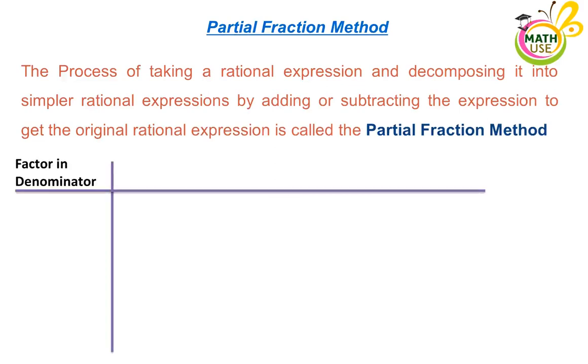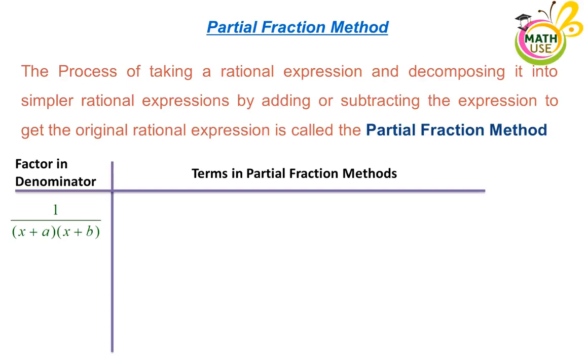Here also there are a few standard expressions. The first one is the factor in the denominator of the fraction, and the terms in the partial fraction method. How the factor in the denominator is expressed, that we express as terms in the partial fraction method. Suppose your expression is 1 divided by x plus a into x plus b.